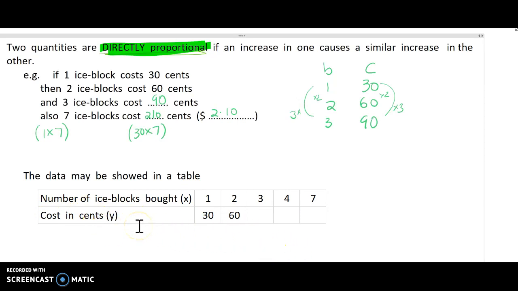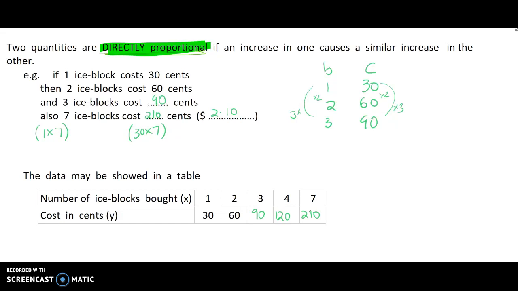You have to be very specific what the unit is, and it's in cents, because otherwise you can easily make mistakes. So for 3 it would be 90, for 4 it'll be 120, for 7 it will be 210. This is one way of showing that two quantities are directly proportional to each other.